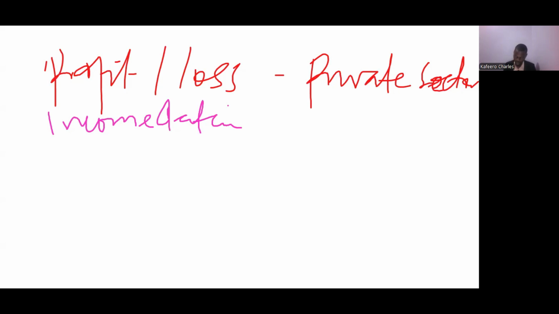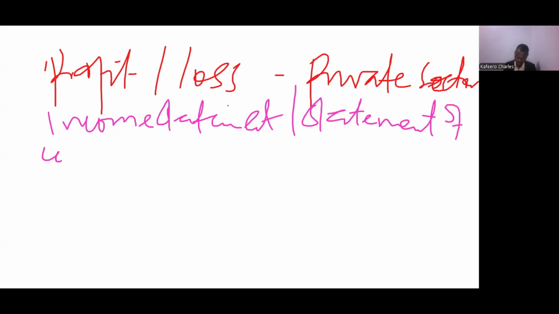So it will be an income statement or statement of comprehensive income.